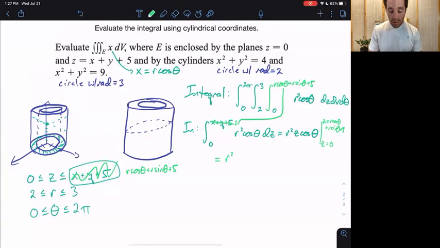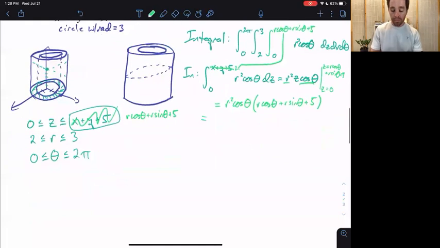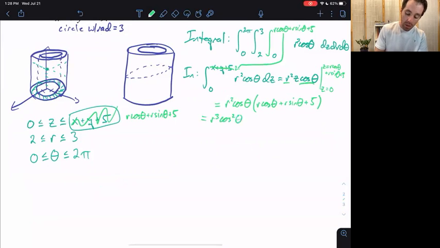R squared cosine theta, that's this part. And then we're going to multiply that by r cos theta plus r sine theta plus 5. Multiply through. R cubed cosine squared theta plus r cubed sine theta cosine theta plus 5r squared cosine theta.